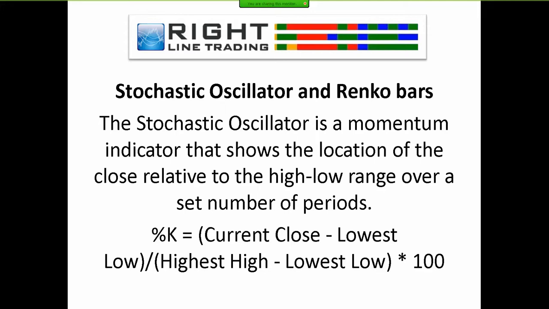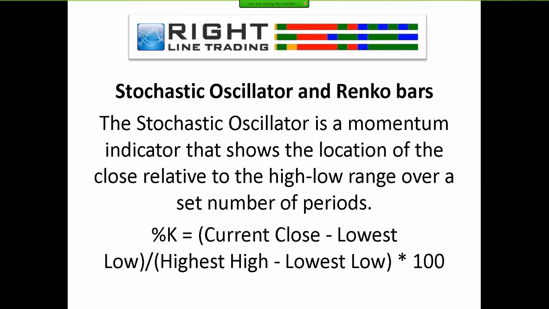But if you don't really understand the mathematics of the oscillator, then it can be placed in a software package and sold to you in a manner in which it doesn't work. Take for instance when a stochastic oscillator is placed in a software package with Renko bars.